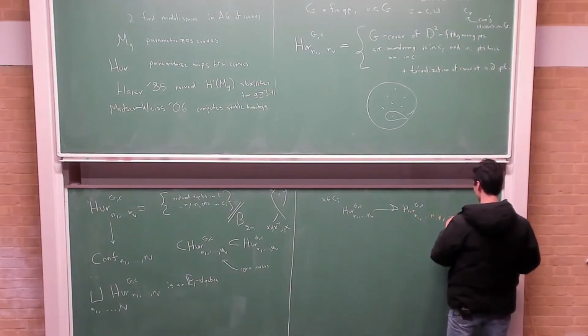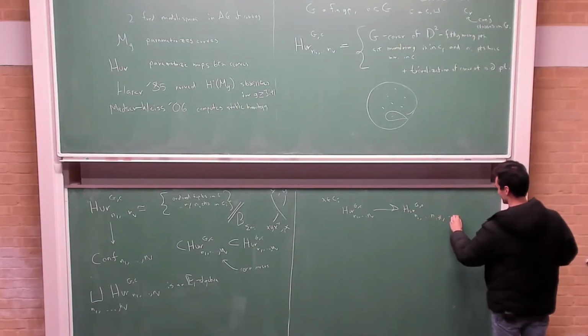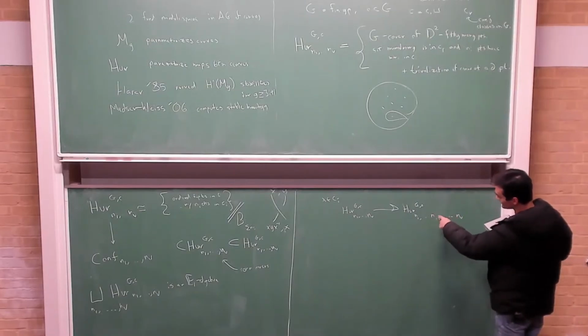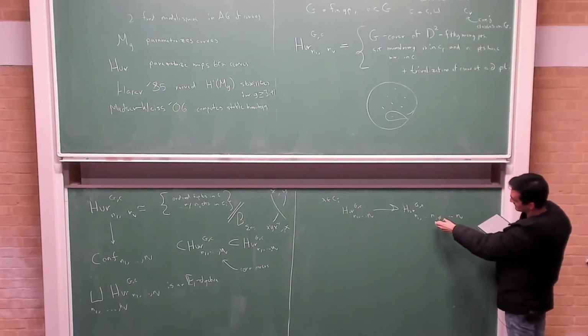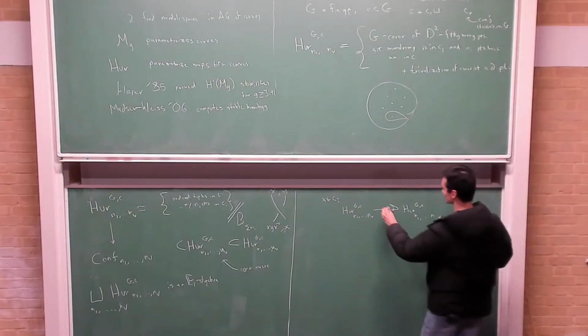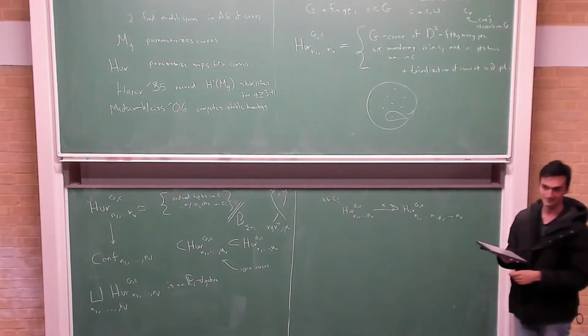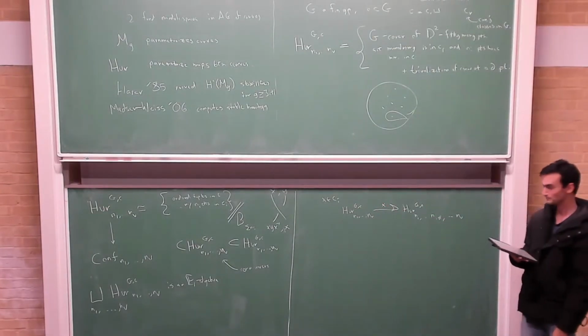You're just concatenating the cover, so you're increasing the number of points with monodromy in C_i by 1. This is given by concatenation with x, which I'll just call multiplication by x for simplicity.